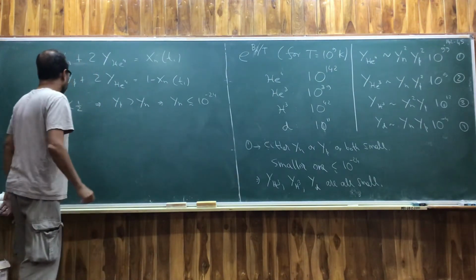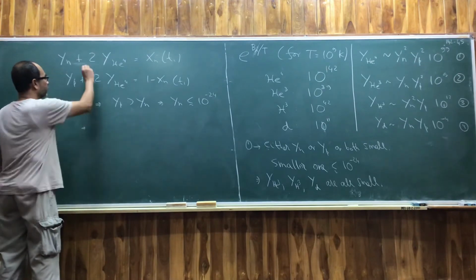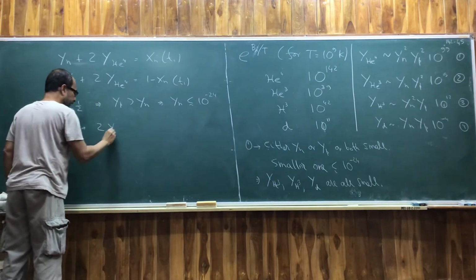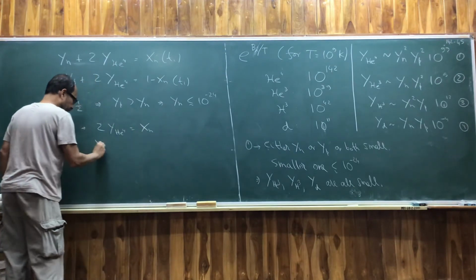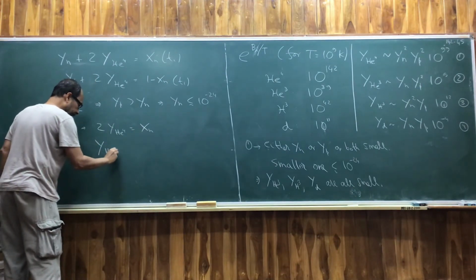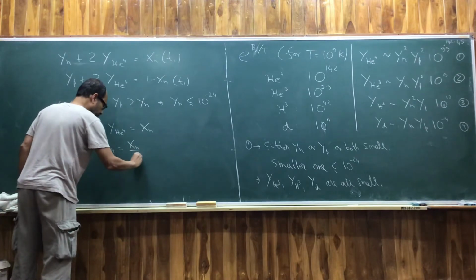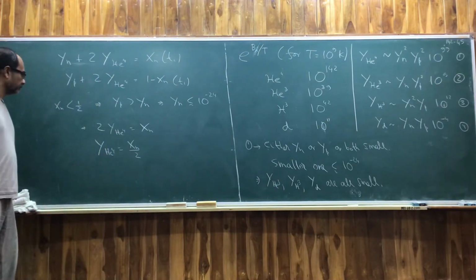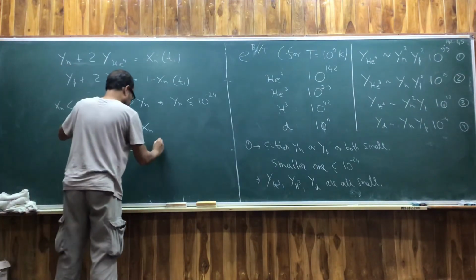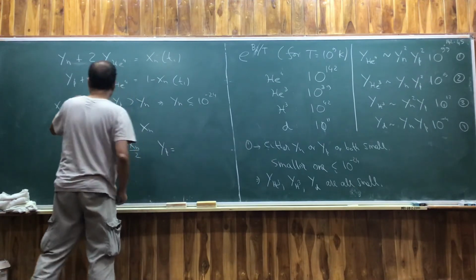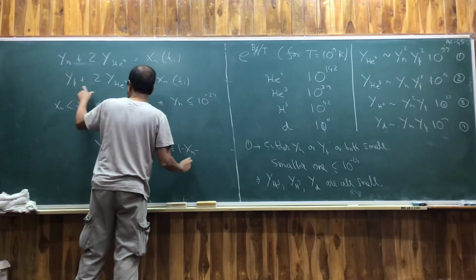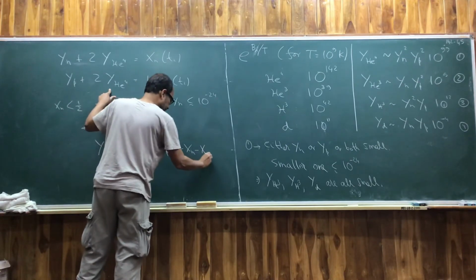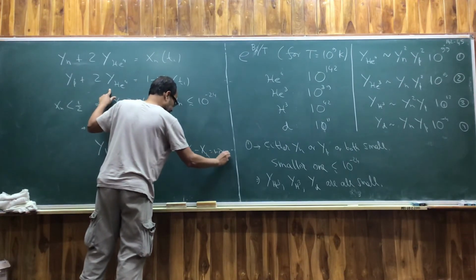If you can ignore Yn, the top equation tells us that 2Y_He4 is Xn. So Y_He4 is Xn by 2. And then the second equation tells us that Yp is 1 minus Xn minus 2Y_He, that's 1 minus 2Xn.